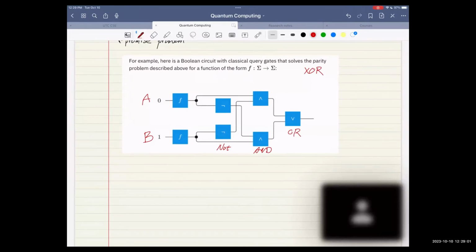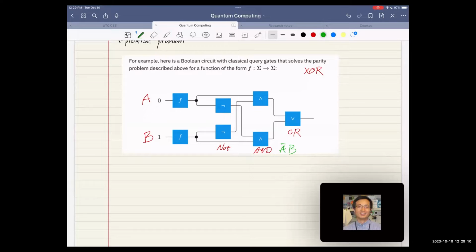If we look at that, we have not A with a B. This is not A with B. And the top one is going to be A and not B. And then all that will be A not B or not A B. The output at the end is A not B or not A B. Sorry, I should have written it that way.